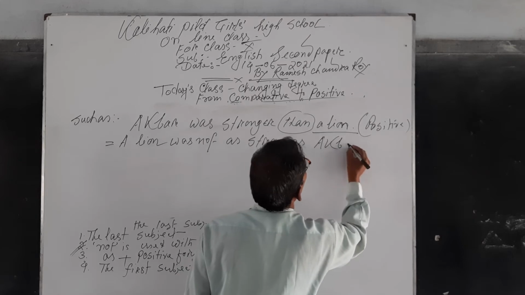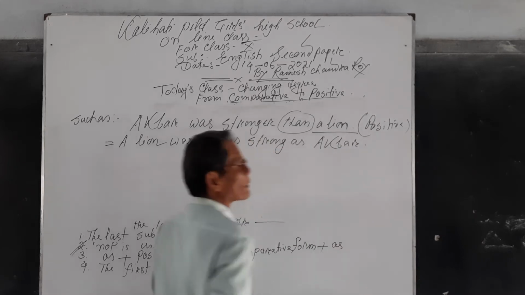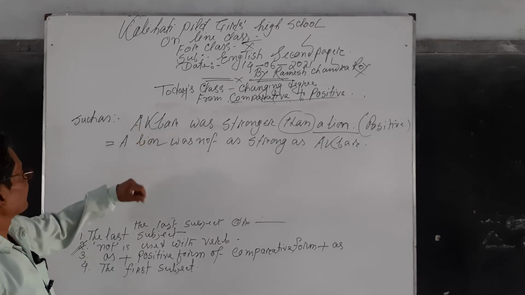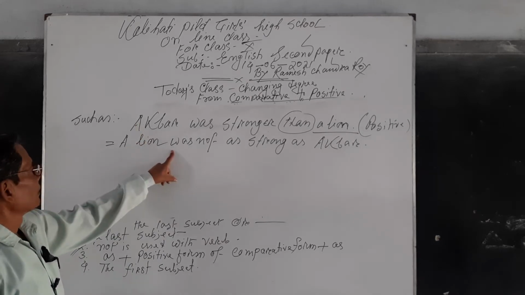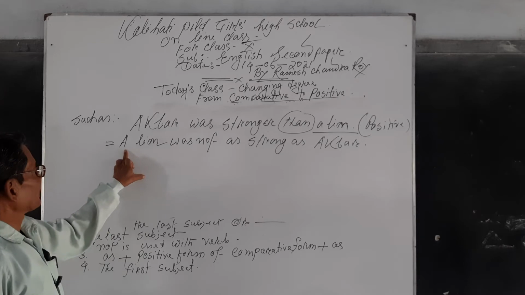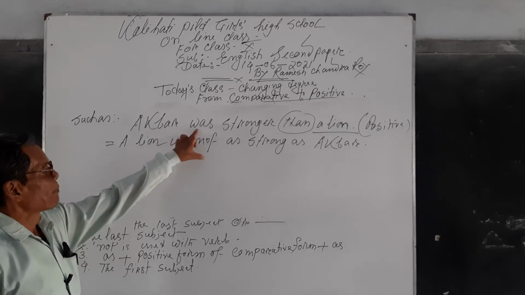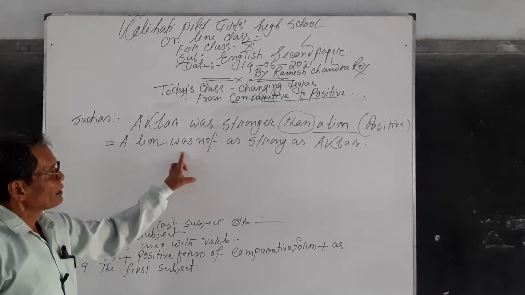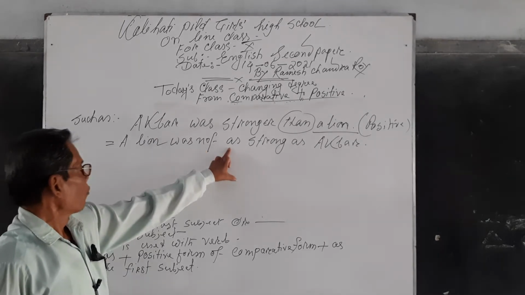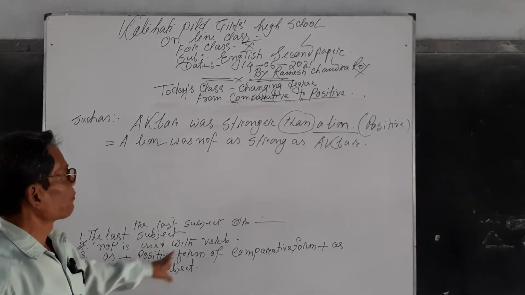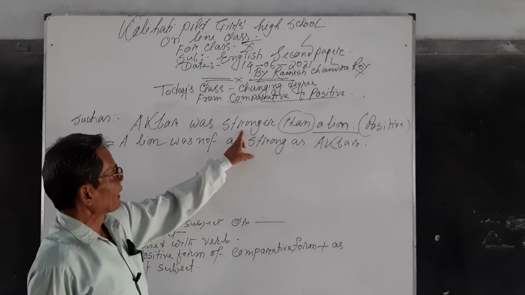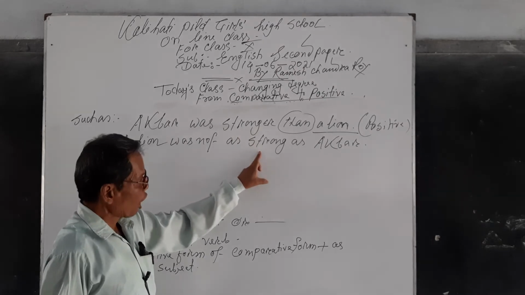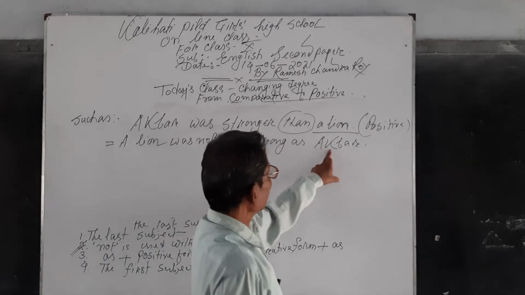The last subject a lion, verb was, not is used with was, and as plus positive form as.